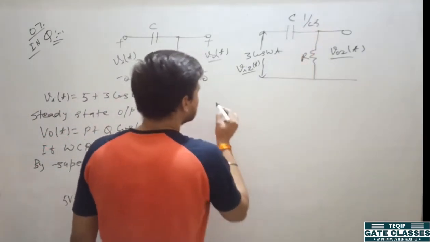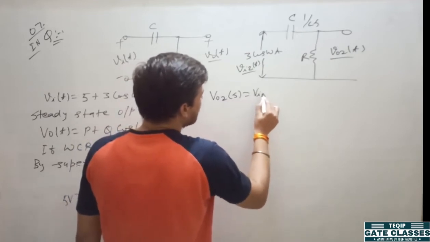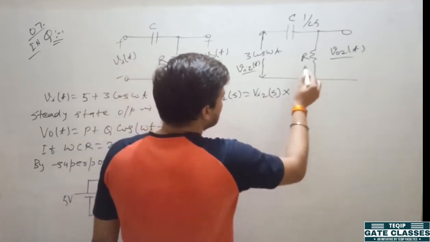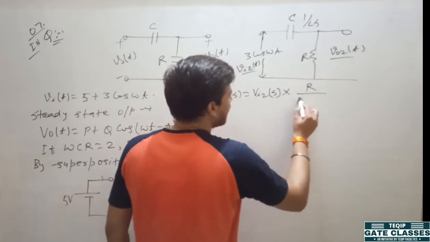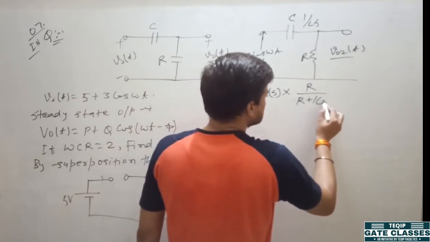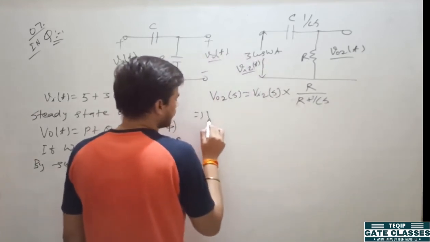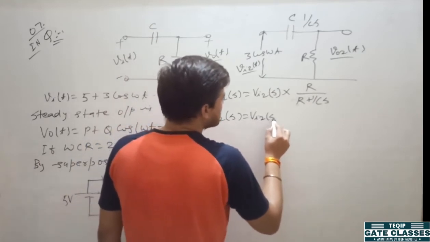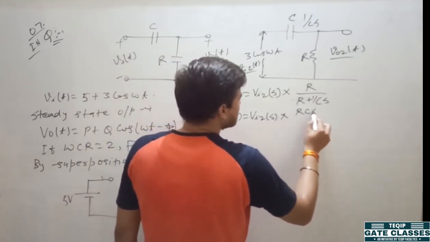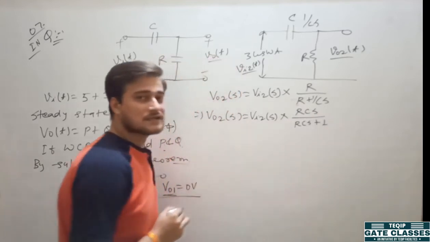So Vo2(s) will be equal to Vi2(s) into R divided by R plus 1 upon Cs. So here Vo2(s) will be equal to Vi2(s) into RCs divided by RCs plus 1.